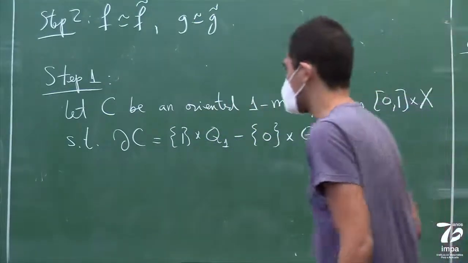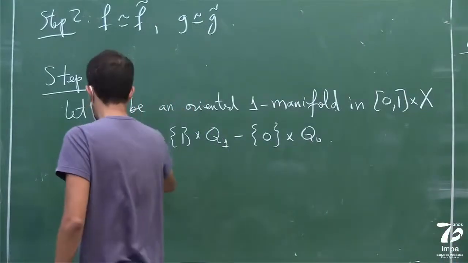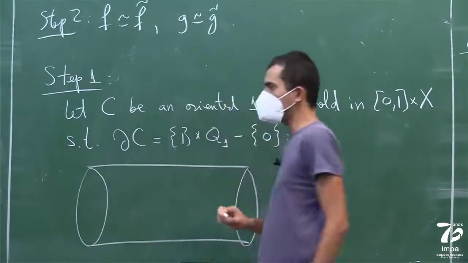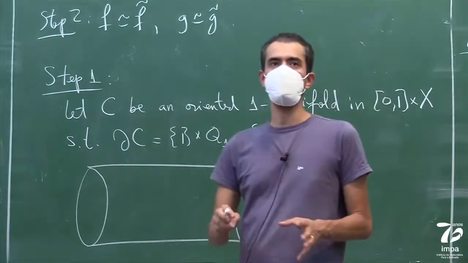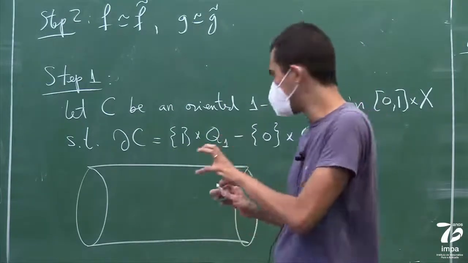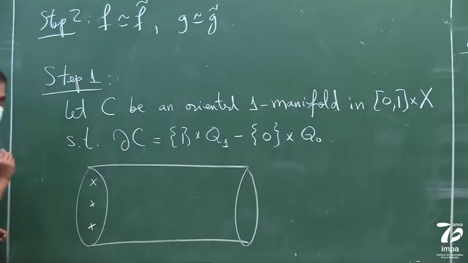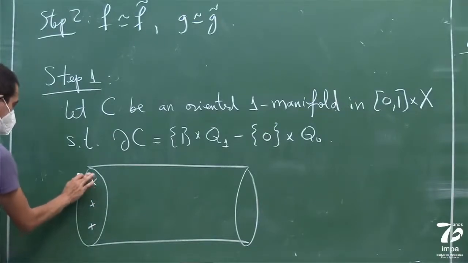Okay, so let me draw a picture to explain what I'm saying. I know that Q0 and Q1 are a bunch of points in X. I want to think of Q0 as being a bunch of points on 0 times X. And these points have signs. Let me use colors.